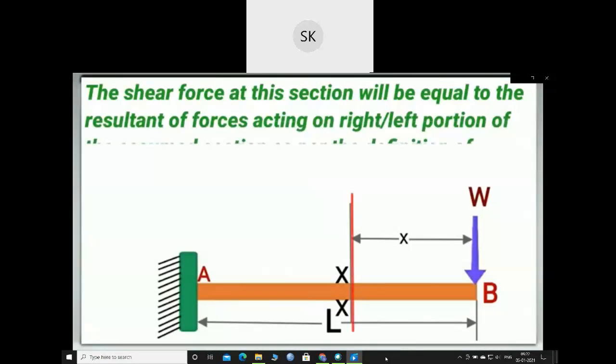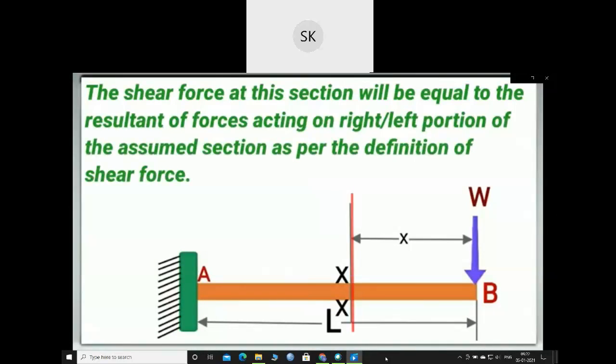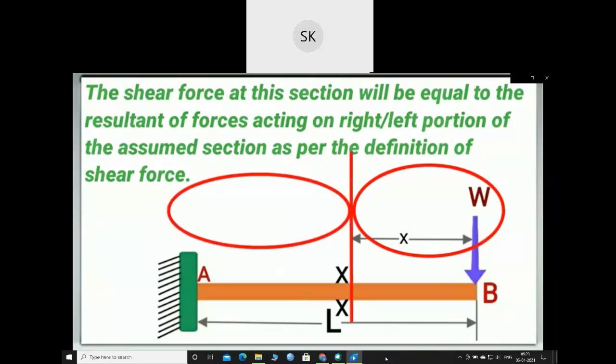The shear force at the section will be equal to the resultant of forces acting on the right or left portion of this assumed section. As per the definition of shear force, the shear force at any section XX is equal to the summation of all the forces acting either to the right or to the left of that section.